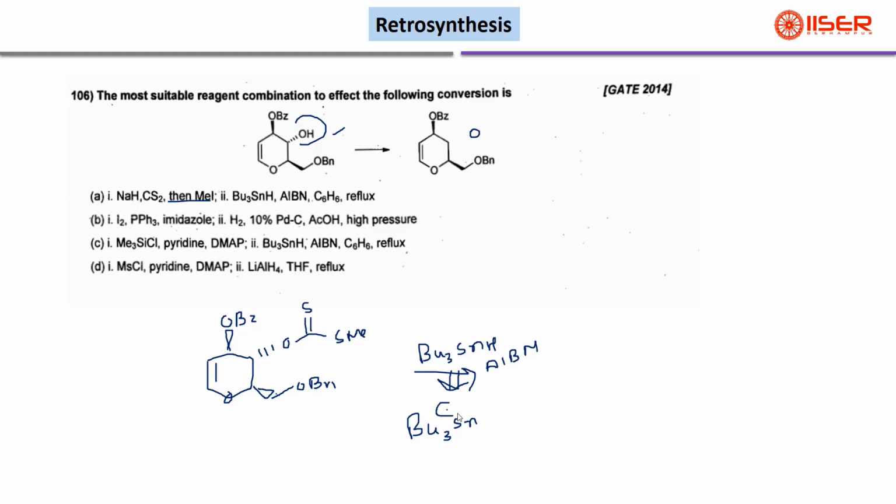This radical reacts with the sulfur center. This moves here and breaks the carbon oxygen bond, generating a radical.